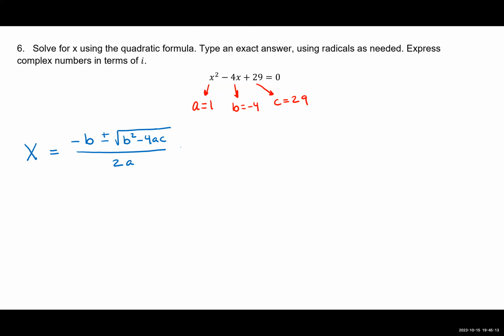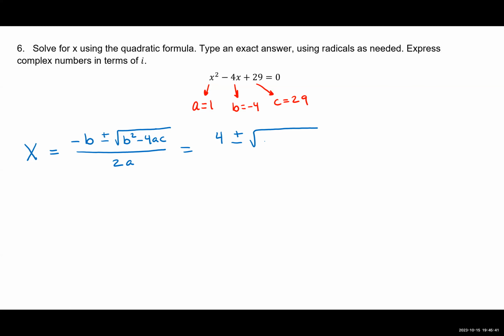So to use the quadratic formula, you're taking the a, the b, and the c from your problem. Again, this is something we've done. I'm going somewhat quickly because this is something we've done in previous videos where I actually explain this slowly. So negative b, negative of a -4 would be +4, plus or minus the square root of b squared.